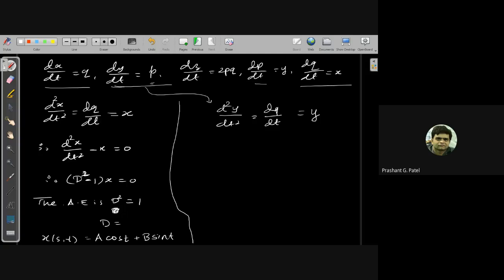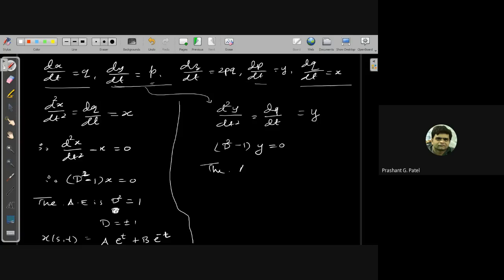So the value of D will be plus or minus 1. Here we got (D² − 1)y = 0.